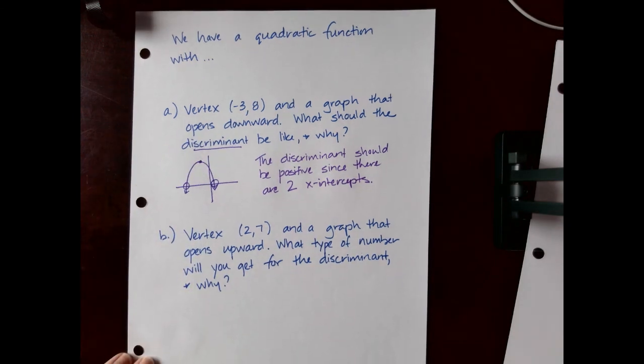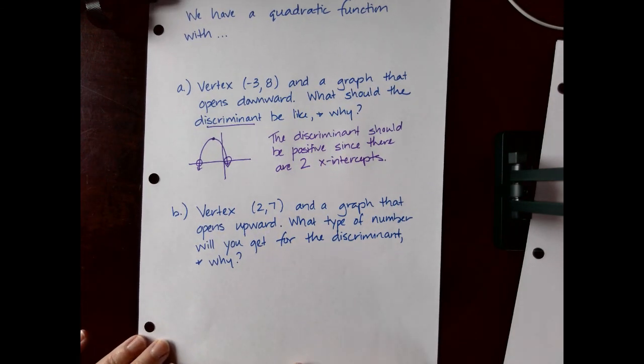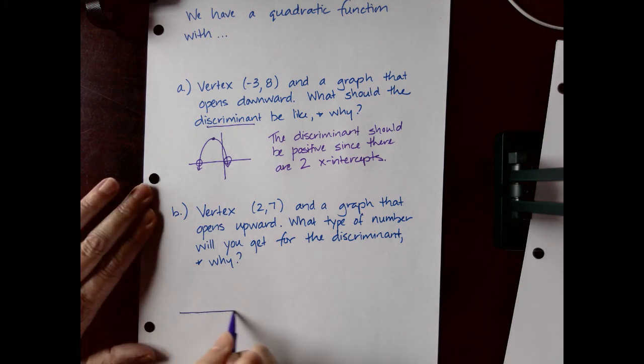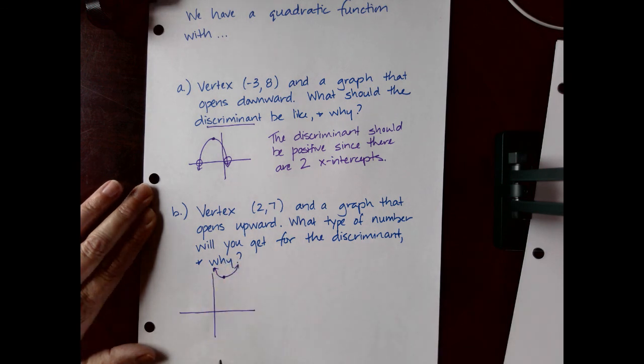As a second example, let's say you had a vertex of 2, 7 and a graph that opened upward. What type of a number will you get for the discriminant and why? Similar kind of idea. 2, 7 up here in quadrant 1. This one needs to open upward. It has no x-intercepts.